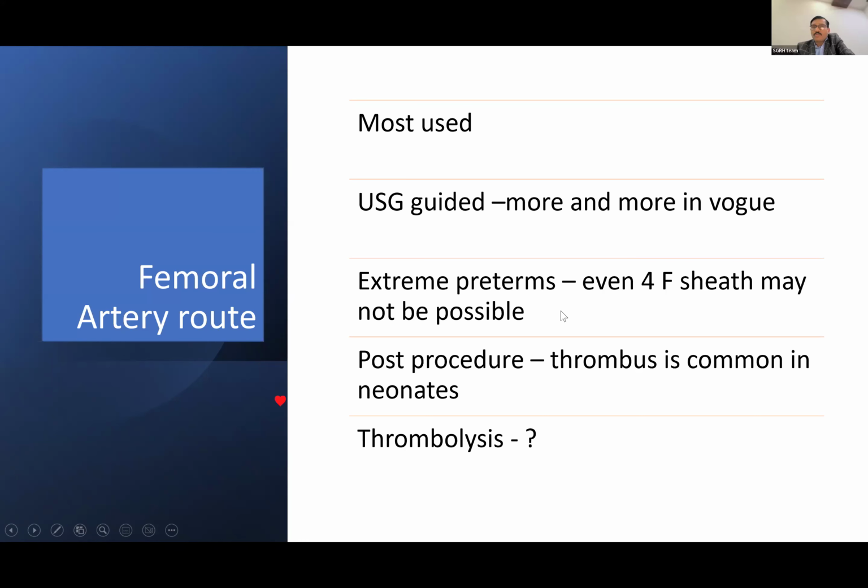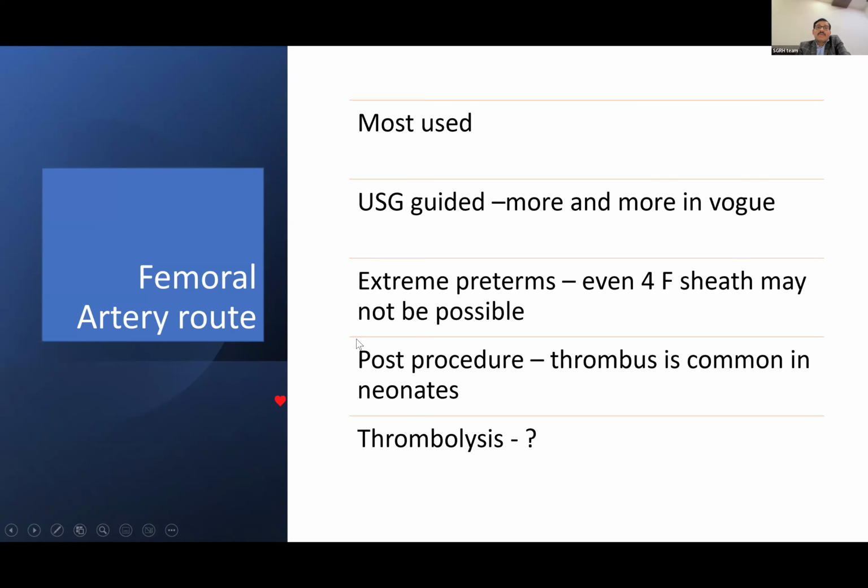In coarctation, as a rule, lower limb arteries are smaller. So the descending aorta beyond the bifurcation, femoral arteries and iliac arteries are all smaller in size compared to other kids. So if you're dealing with an extreme preterm and you want to use an artery, maybe the axillary artery may be a better idea, because in very small preterms you may not be able to put even 4 French.